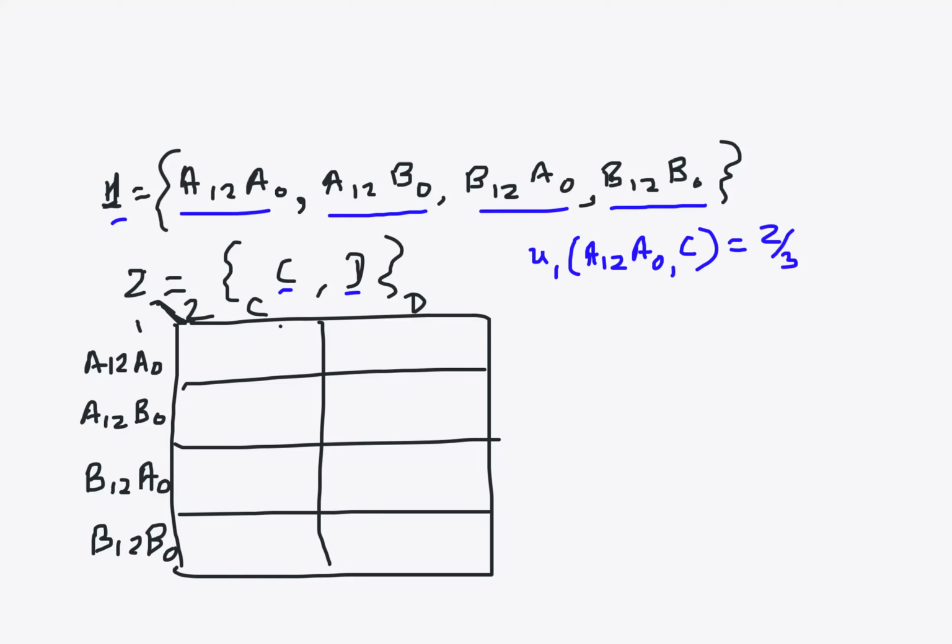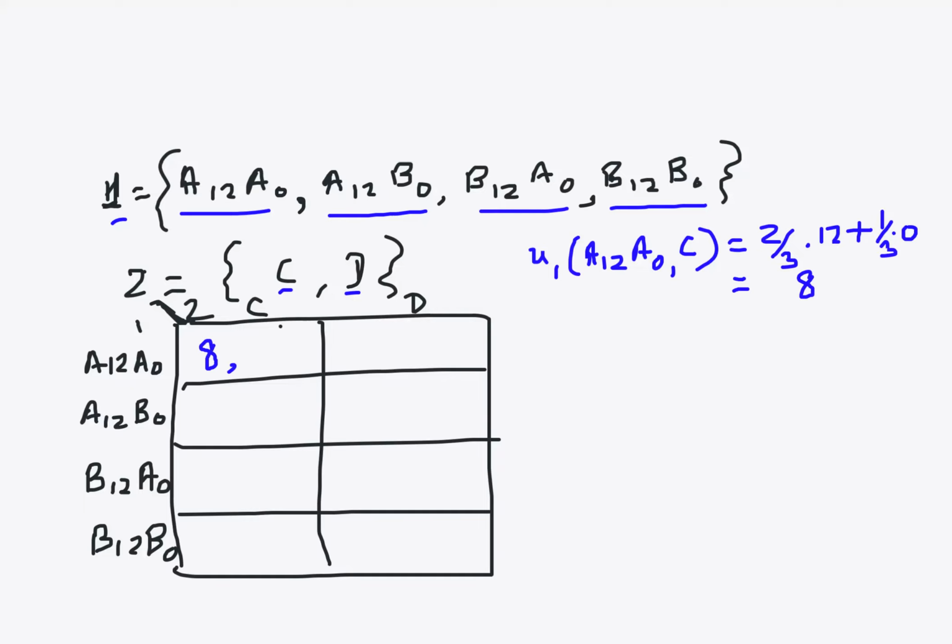In that case, player 1 gets 12 if player 2 chooses C. With probability 1/3, player 1 plays A0, and gets 0 if player 2 chooses C. This results in an expected payoff of 8. So player 1 will get 8 here.